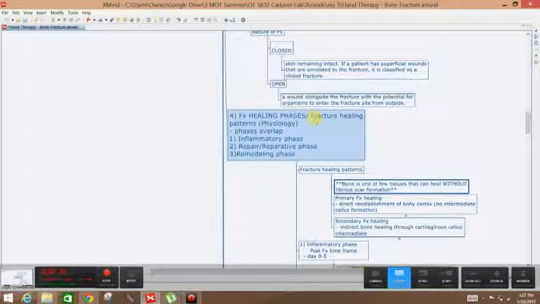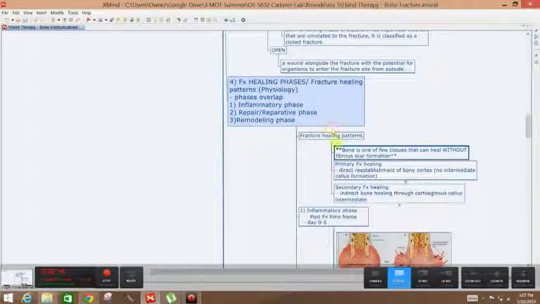There are the fracture healing phases, and I will start out by saying that, regarding fracture healing patterns, bone is one of the few tissues that will heal without fibrous scar tissue formation, which is great. And primary fracture healing, which goes back to the bone formation information, is just a direct reestablishment of the bony cortex.